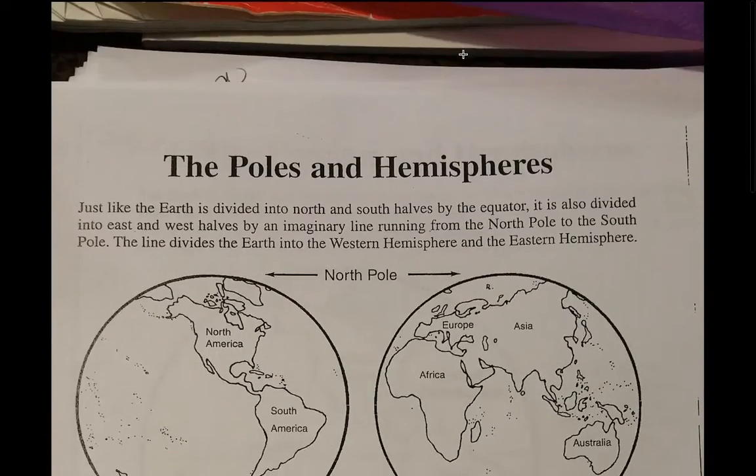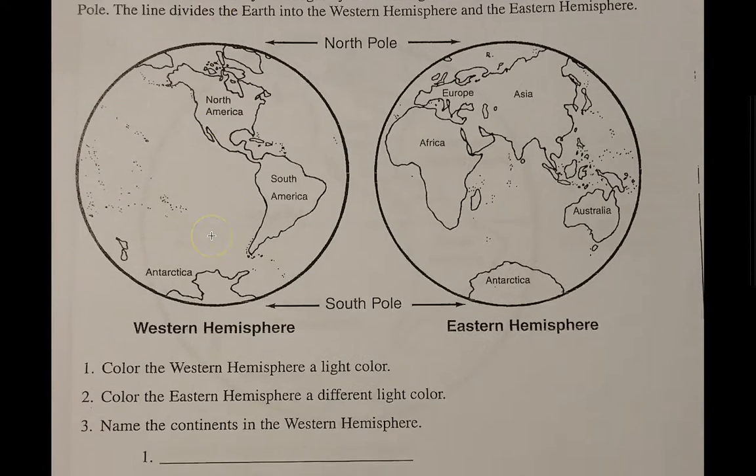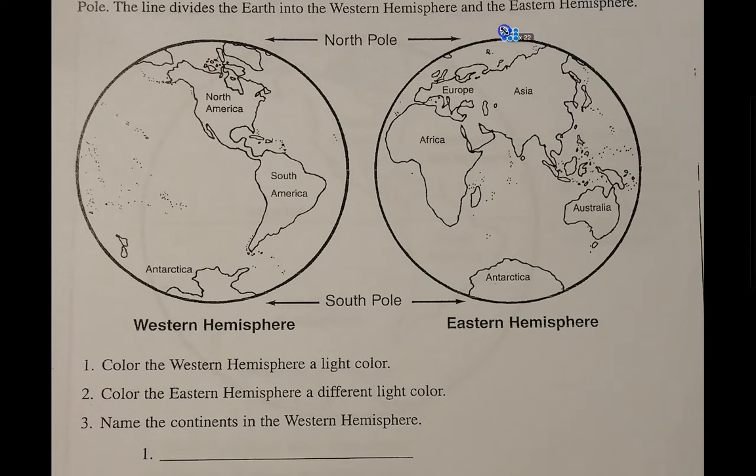Huh, weird. I want to color green. Can I write now? I guess not. I'm going to have to go back to the drawing board on this one. Okay, so like I was saying before, part of this it cuts through here.